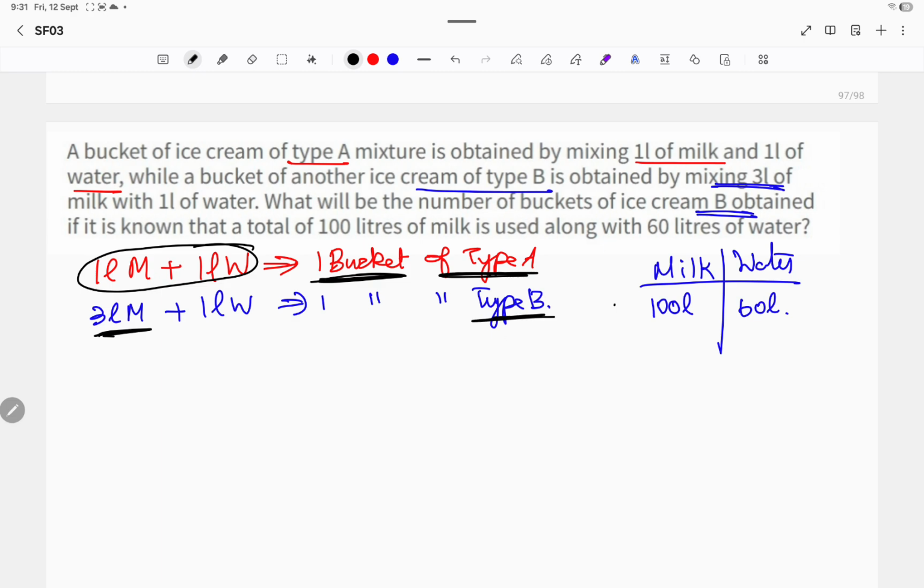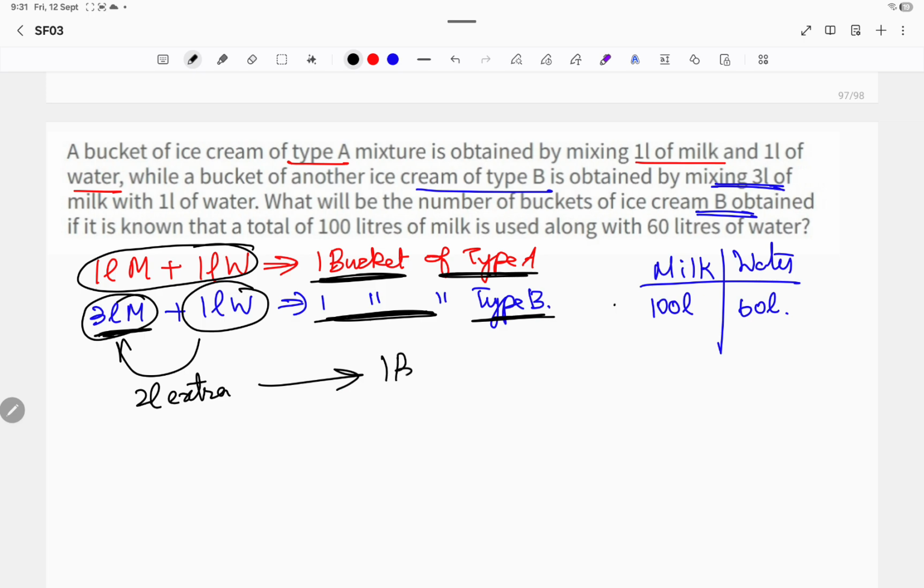Now, if you observe, for each bucket of type B, compared to 1 liter water, I am using 3 liters milk, or in other words, 2 liters extra milk is needed for 1 bucket of type B. For type A, milk and water will be of equal quantity. There will not be anything extra. But only in type B, I will be using 2 liters extra for every bucket that is being created.